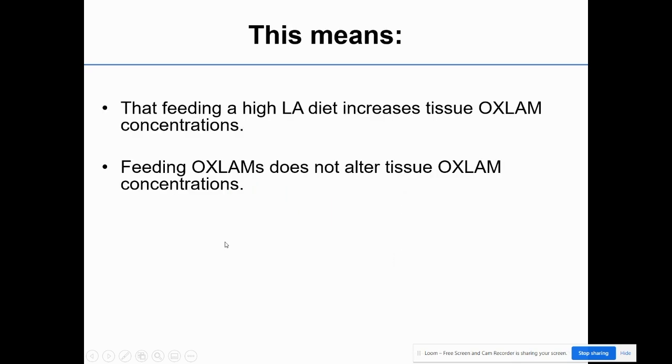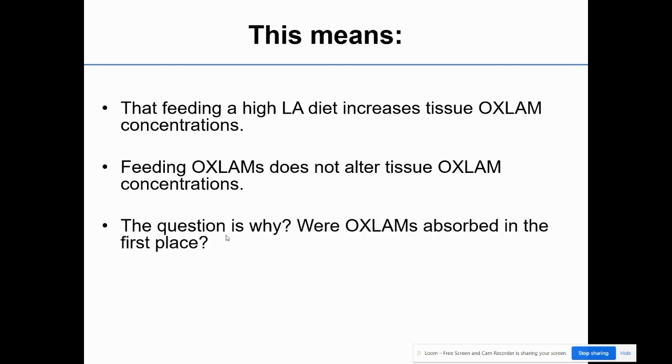So what does this mean? It means that feeding a high LA diet increases tissue OXLAM concentrations, and that's thought to be done enzymatically. You take LA through your diet, and your enzymes oxidize it to make OXLAMs, which accumulate in tissues, liver and brain. But feeding OXLAMs doesn't alter OXLAM tissue concentrations.